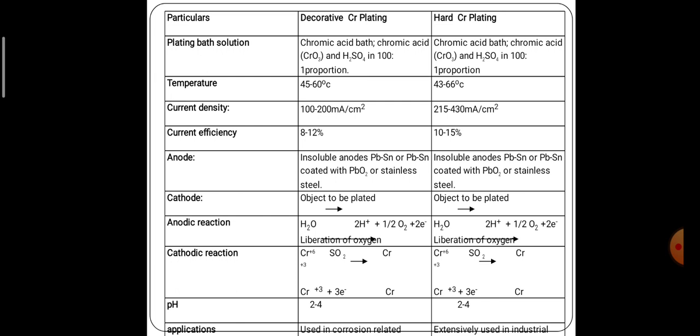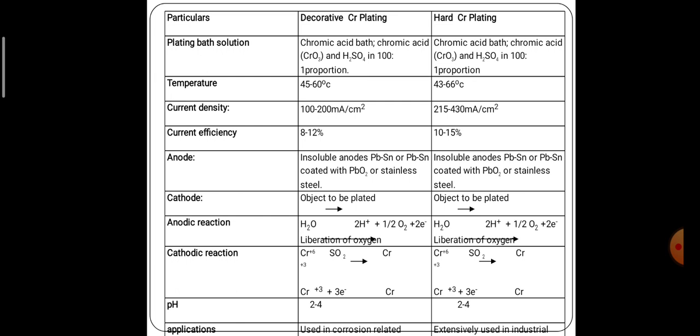The anodic reaction is that water is converted into H plus ions and liberation of electrons takes place. In hard chromium also the reaction is the same. In the cathodic reaction, chromium reacts with the sulfate ion and is converted into chromium. In both cases the reaction is the same because we are using the same electrolyte. The only difference is the applied current density and the temperature.